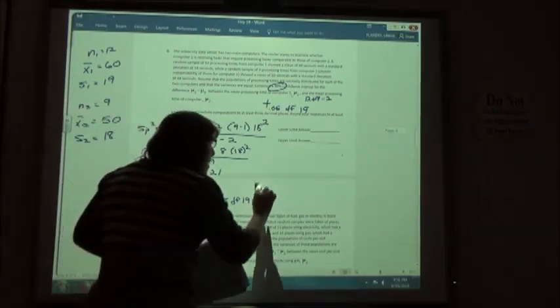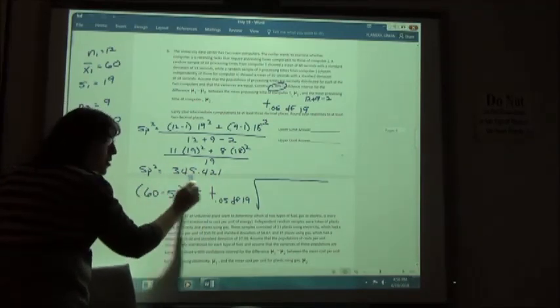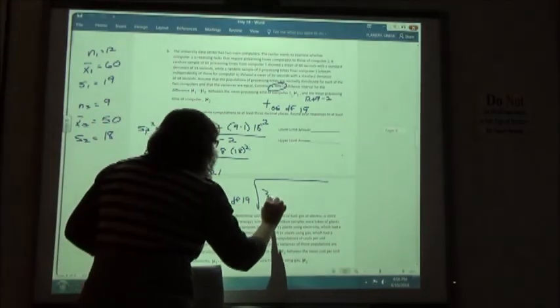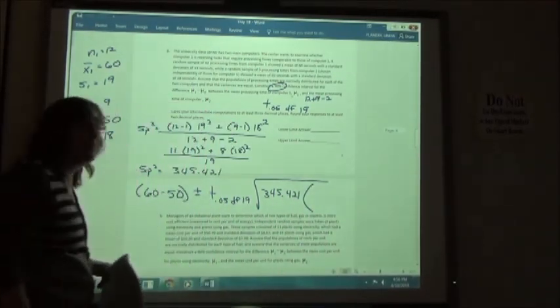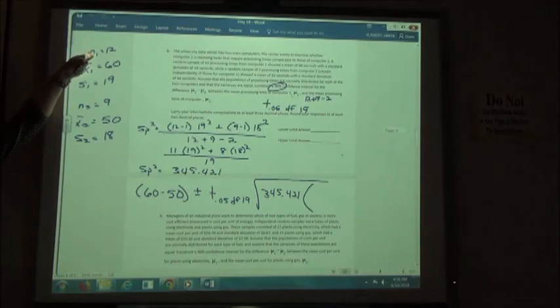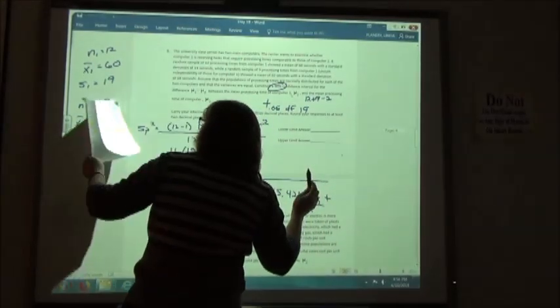And then we're going to do our square root. Under our square root, the number that we found here goes first, 345.421. And then in parentheses, 1 over our n value plus 1 over our other n value. So 1 over 12 plus 1 over 9.